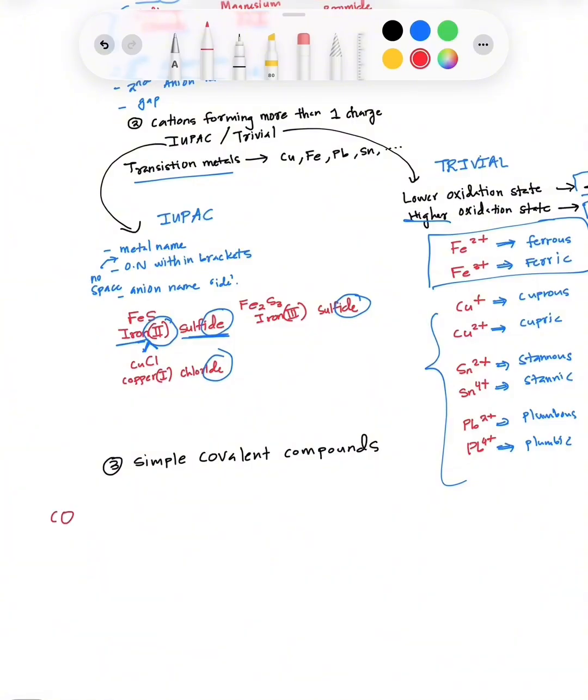Carbon monoxide and hydrogen sulfide, SO3, N2O3, N2O4, and then P4O6, H2O, and then OF2. Now let me name them according to the nomenclature. This is carbon monoxide.